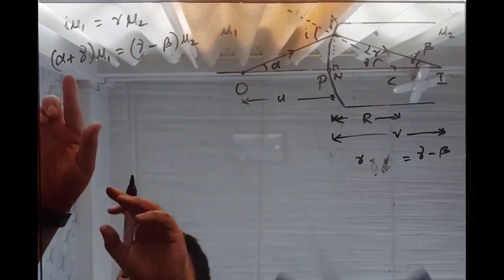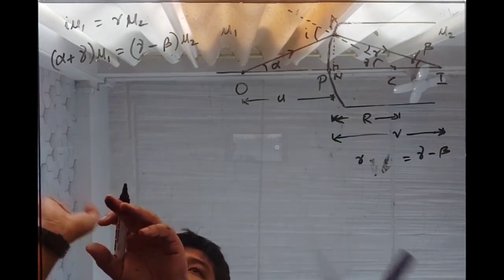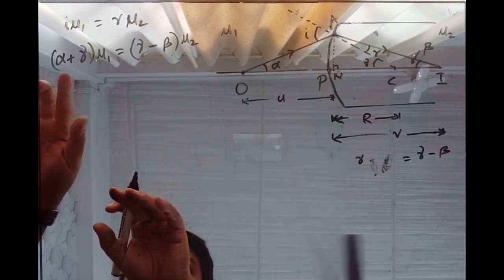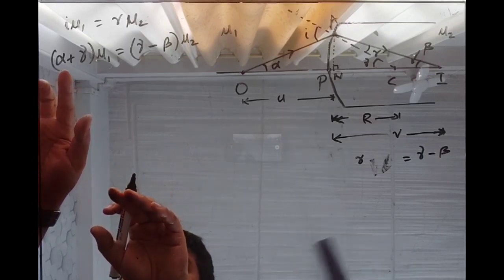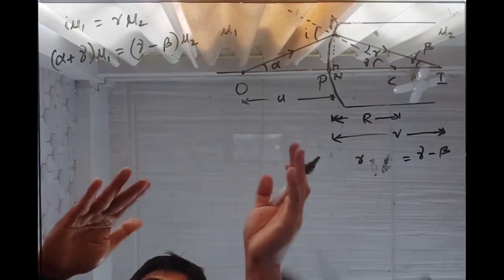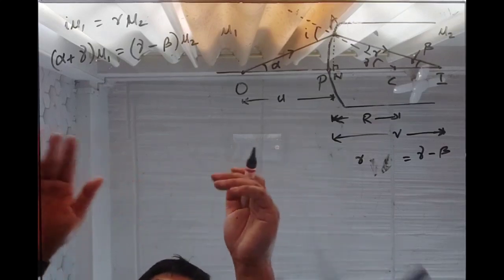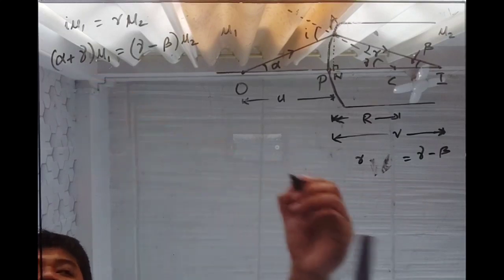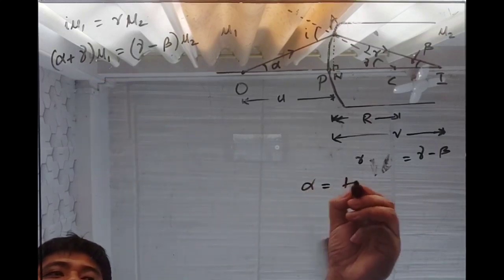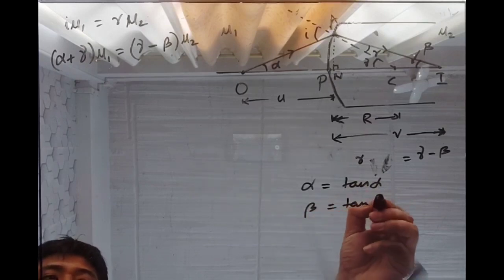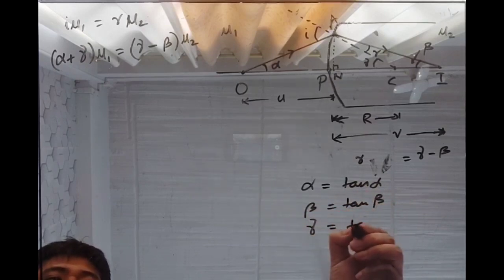So what is alpha? Again, let us apply approximation. Alpha, beta, gamma will be replaced with their tangents, since they are very small angles. So alpha is nearly equal to tan alpha, beta to tan beta, and gamma to tan gamma.